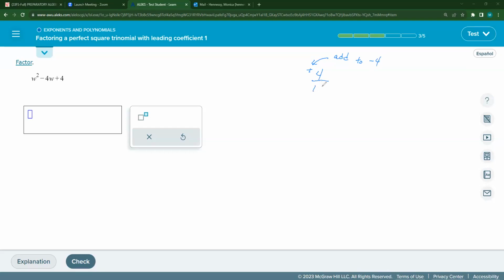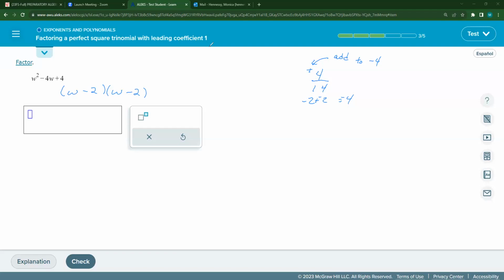So my factors of 4 are 1 and 4, 2 and 2. 2 plus 2 is a 4. To get it to be a negative 4, it'd have to be a negative 2 plus a negative 2. Gets me to negative 4. So my parentheses will be a W and a W, and I have a negative 2 and a minus 2, because plus minus becomes a negative.